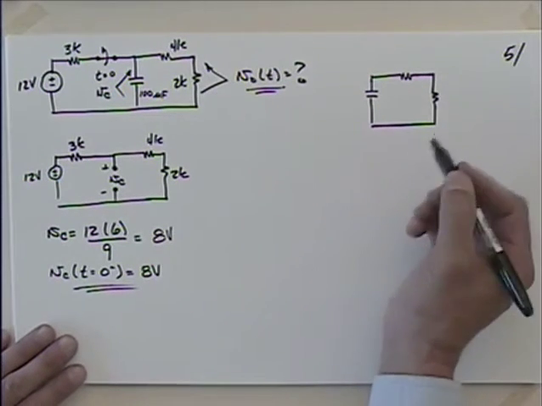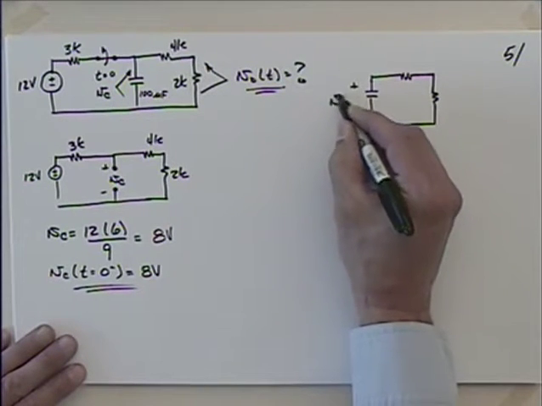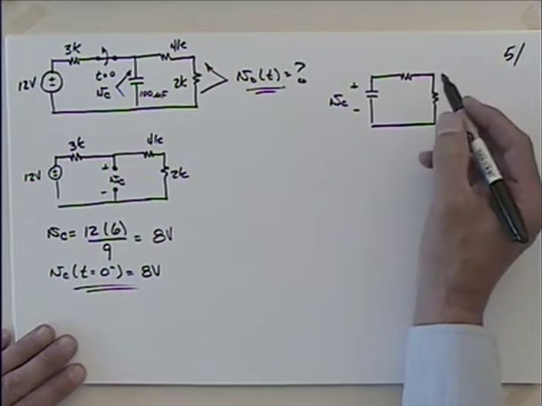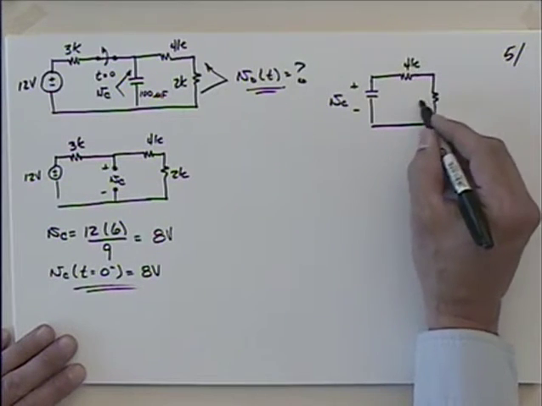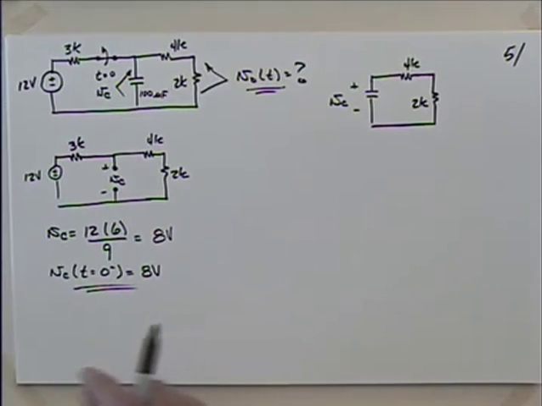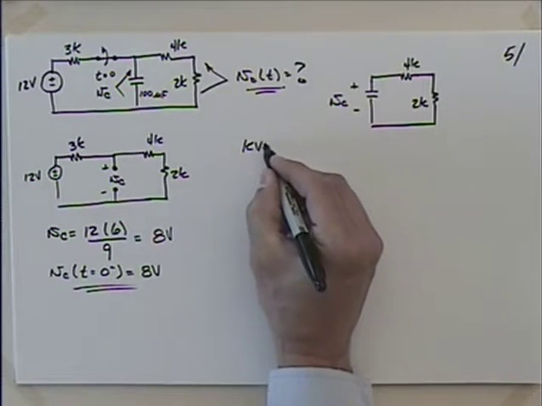And we could say that we have positive and negative. There's the voltage across the capacitor. I have 4K and I have 2K. So let me talk about Kirchhoff's voltage law.